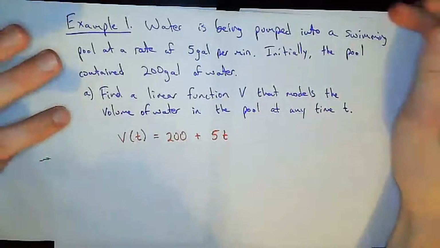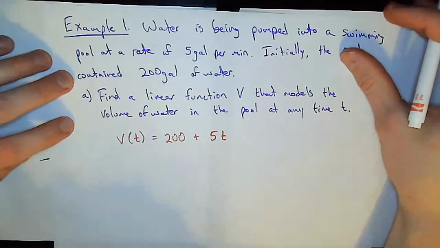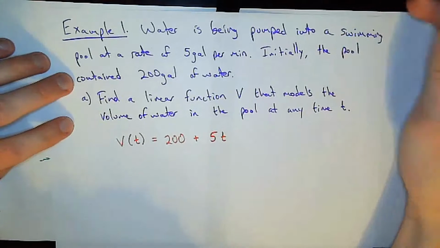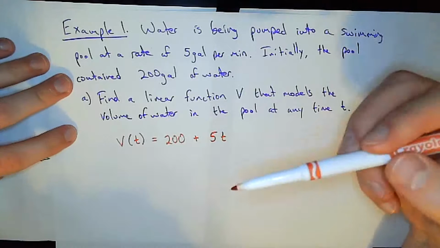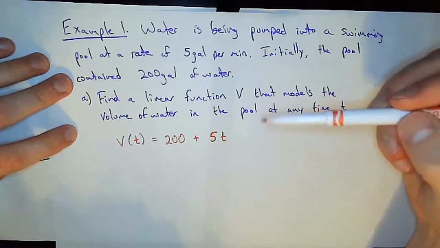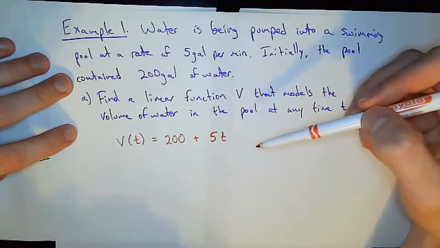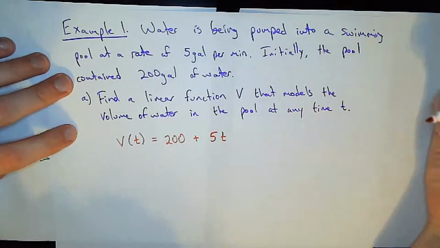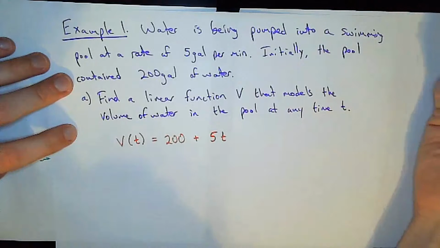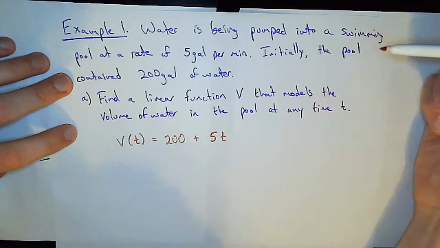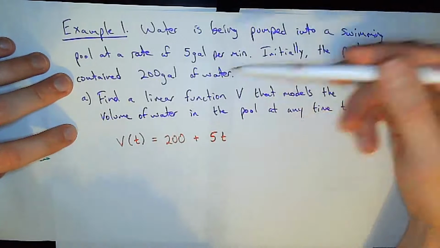And if you step back from math class and said, look, there's already 200 gallons in there, it fills up 5 gallons per minute, and we have to fill it up to 1,000 gallons, how long will it take? Well, then you would know how to figure that out.